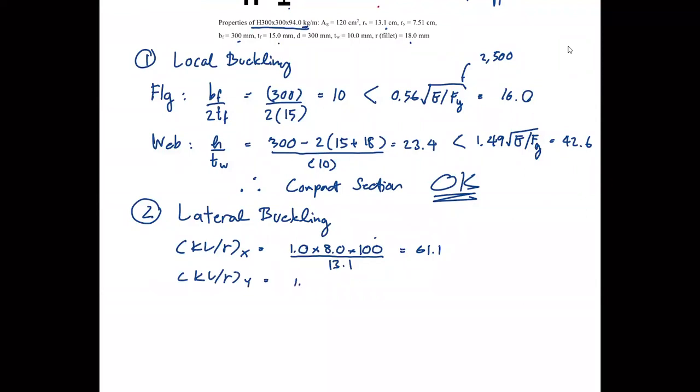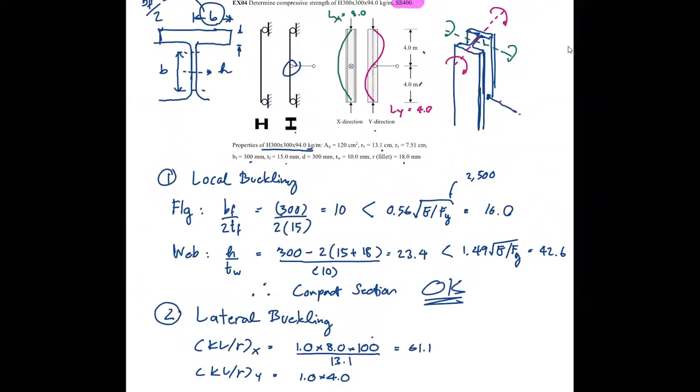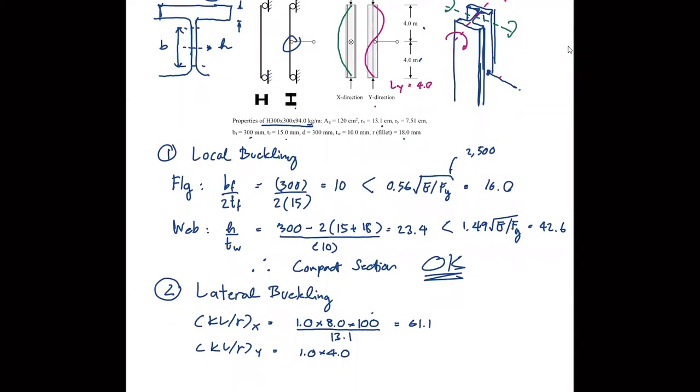Now KL over ry. Again, K is 1, but why? Because we have bracing this time. So it becomes 4 meters, the unbraced length. Correct? Let's look at the picture again. See, 4 and 4. So they are equal. The column is braced in the middle, so we have equal unbraced lengths in the Y direction.